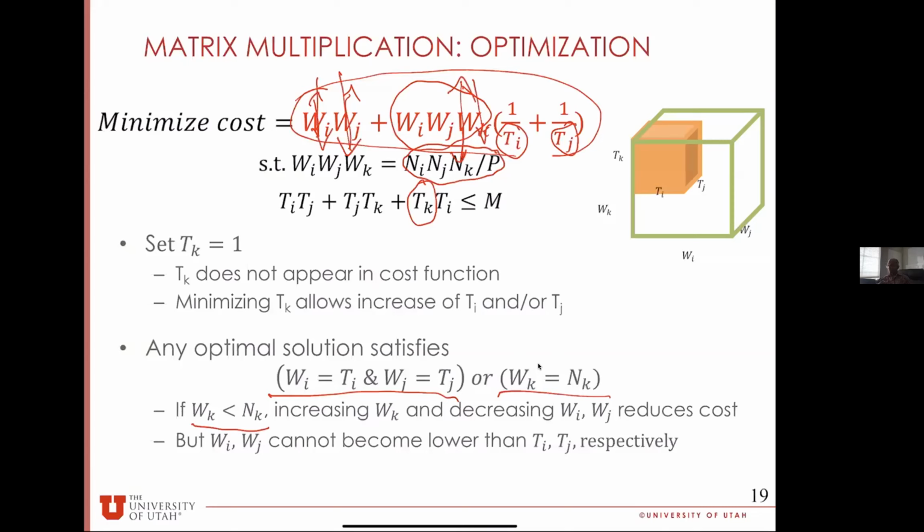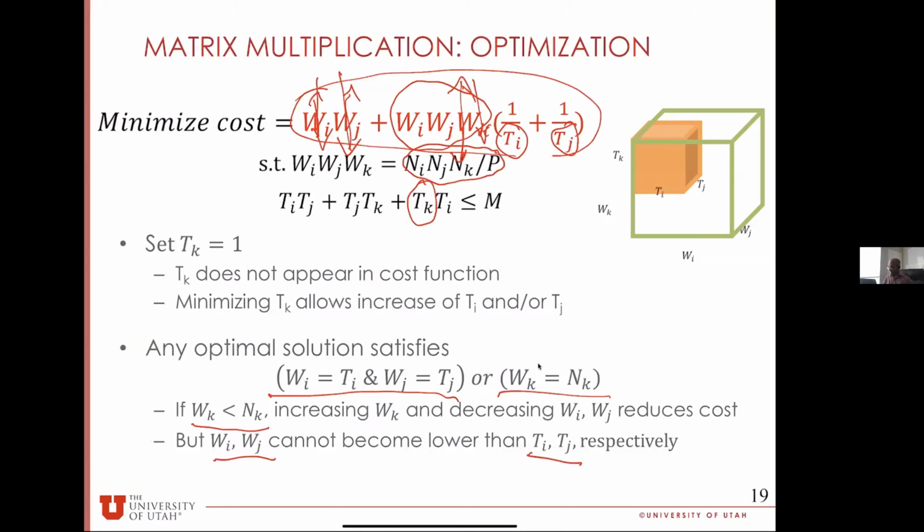The only condition under which we won't be able to do this is when Wi and Wj can't be lowered any further because they have hit Ti and Tj. That is, the work partition size has to be larger than the tile size chosen.